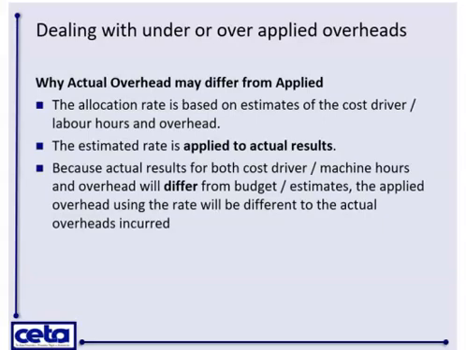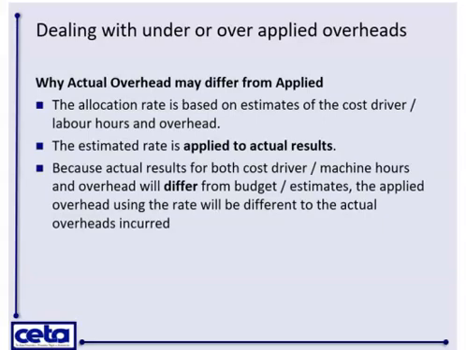So for that reason, business calculates a rate. And as we have done earlier, we calculated the rate using a cost driver, and that cost driver depended on what the business is using the most. If the business is labor intensive, then we used labor hours or labor cost as cost driver. And if it was more capital intensive, then we used machine hours or machine cost as our cost driver.